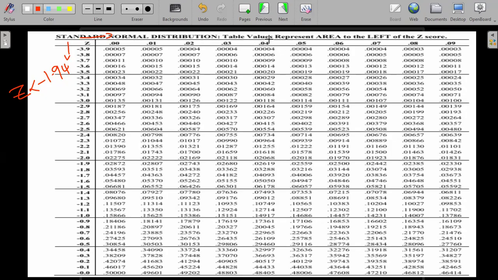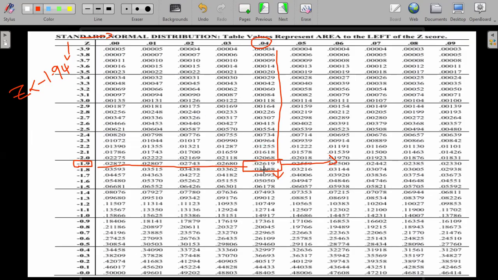So I go to the right from minus 1.9, and then go below from the 0.04. Where they meet, that's the probability we are going to get, in the box.